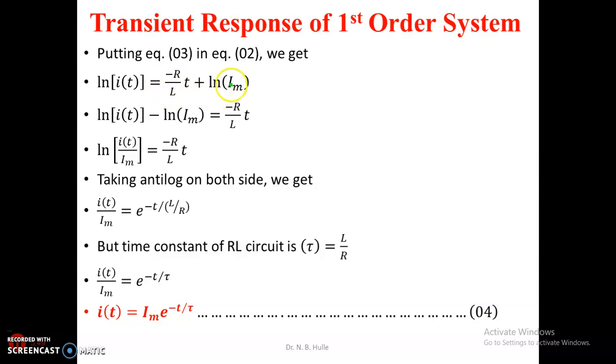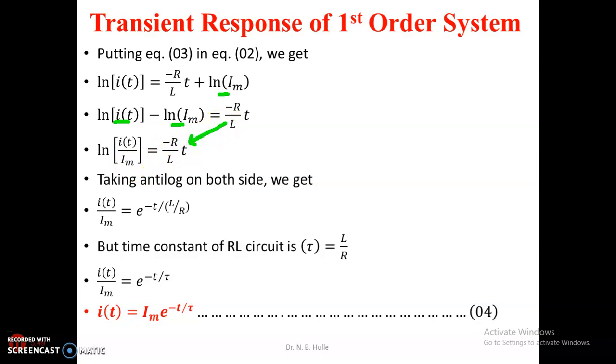Shifting the log Im term to the left hand side, log of I(t) minus log of Im is equal to minus R upon L into t. Here log a minus log b is log a upon b, so log of I(t) divided by Im is equal to minus R upon L into t.